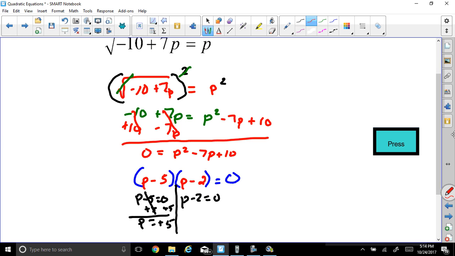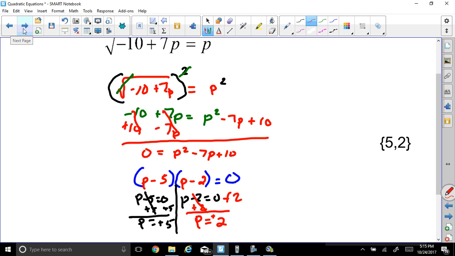That's one answer. And now plus 2, the 2's cancel out, leaving us with p equals positive 2. Those are the solution set numbers for this expression, 5 and 2.